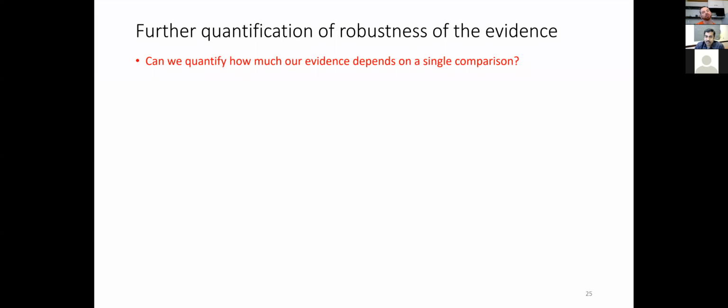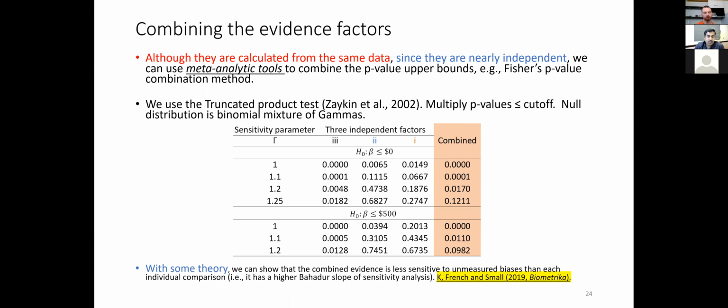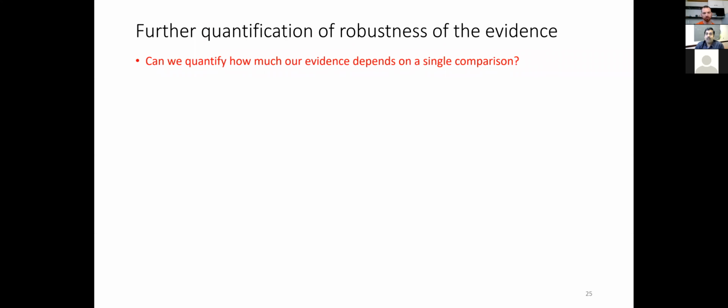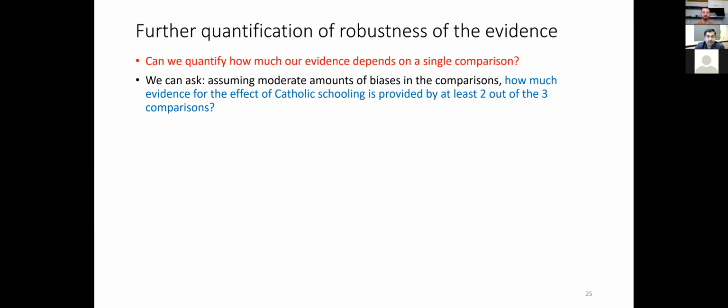Out of these three comparisons, is one of them too influential? If one of them is too influential and the other ones are just not informative, then we cannot rely on that evidence. So most precisely, I want to ask the following question: how much evidence for the effect of Catholic schooling is provided by at least two of the three comparisons?